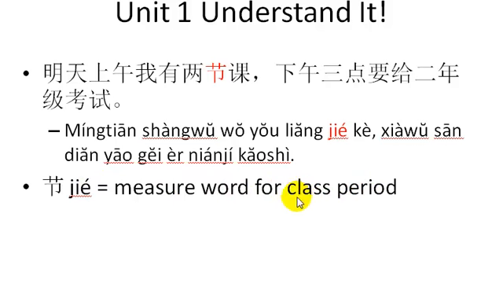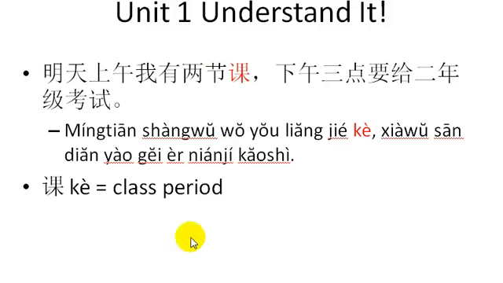So it doesn't mean class, but it's a measure word for a class period. Okay, so if 节 is the measure word for class period, what do you think 课 is? And you should know 课 because it appears at the beginning of every lesson in your textbook. 课 means class period.